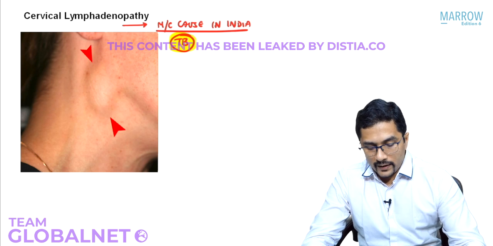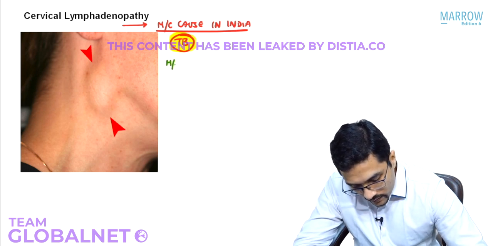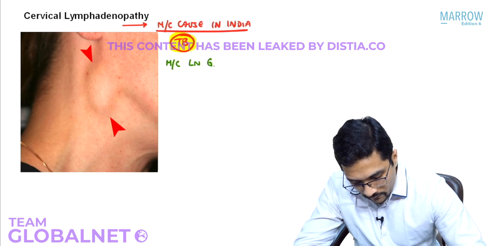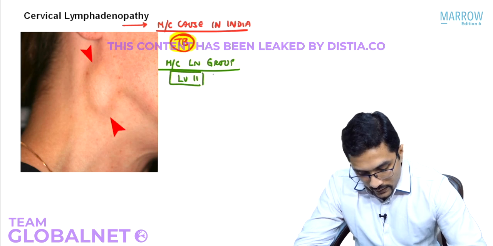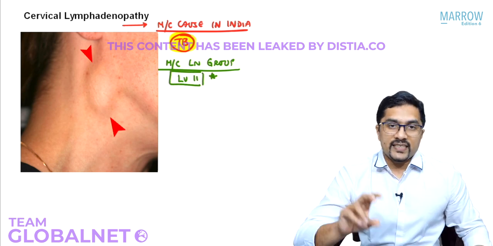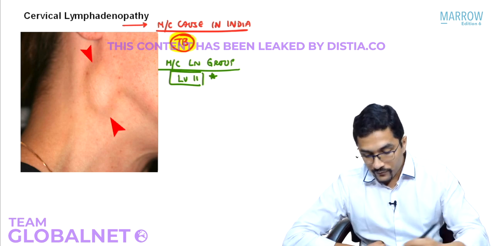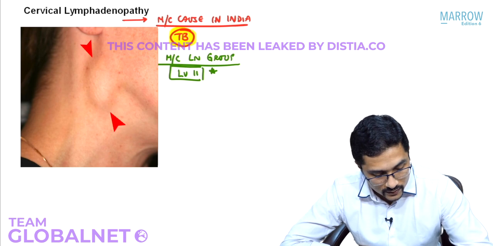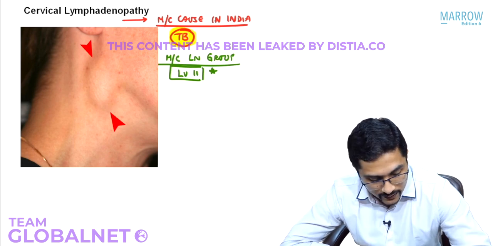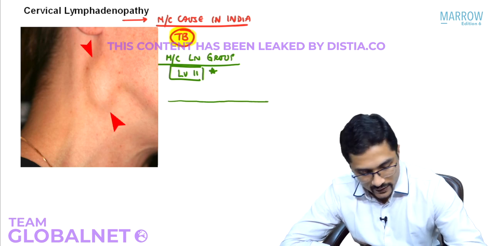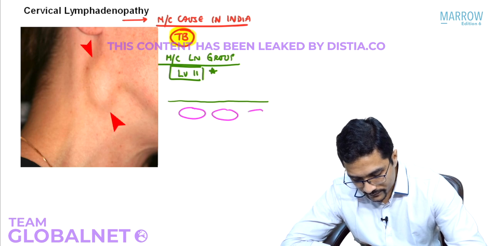Now in tubercular cervical lymphadenopathy, the most common lymph node group involved is level 2. This is according to the latest Bailey. Earlier they used to say it is the posterior triangle or level 5. Now this greenish layer is the deep fascia, and below this we have our lymph nodes.